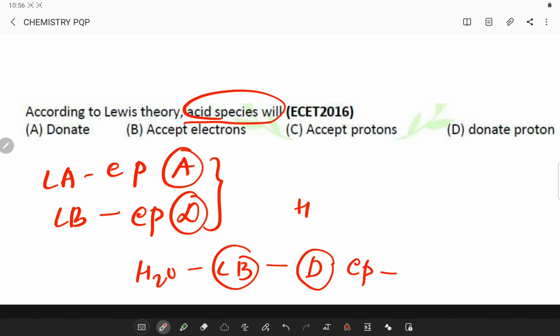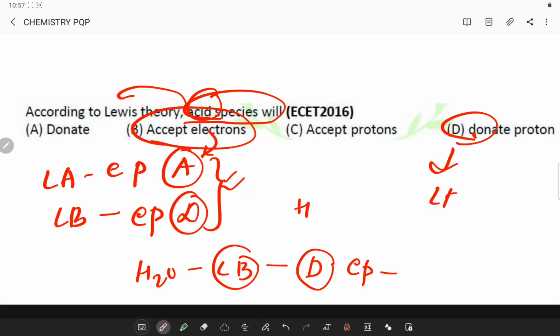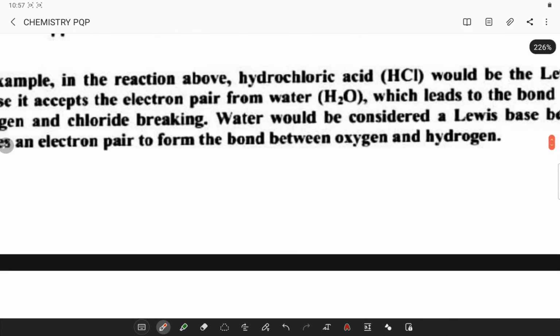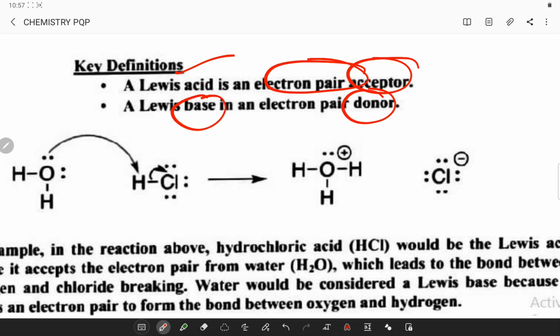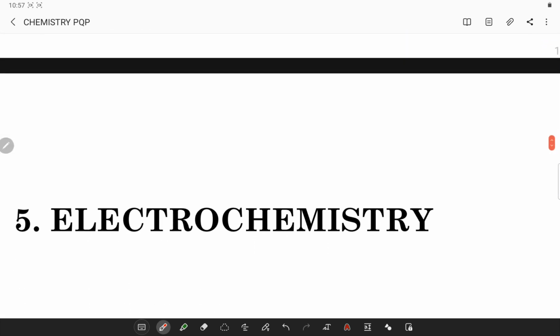A Lewis acid is something which accepts electrons, and donation makes it a Lewis base. This is explained here. Acceptor means acid, donor means base. So A and A is your keyword.